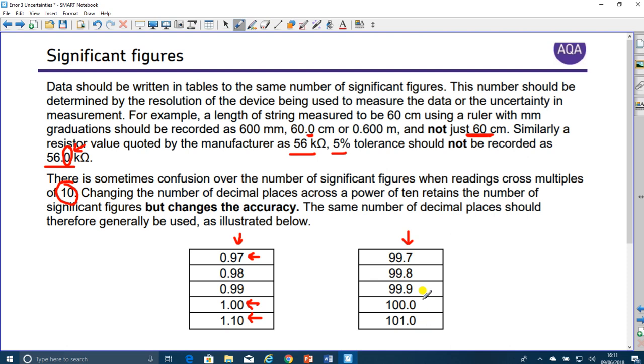And the same is true here. We're on 1 decimal place, 3 significant figures, but then suddenly we cross this 10 boundary, but we're staying to 1 decimal place, which means that we've suddenly got additional significant figures. That's acceptable. Okay.